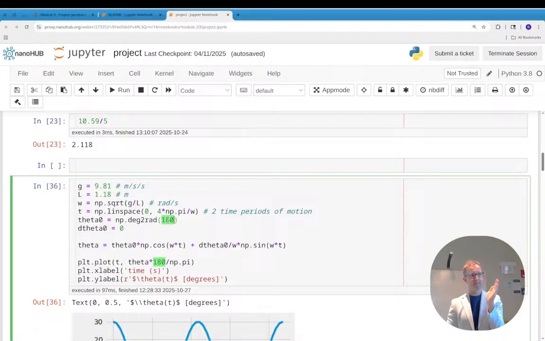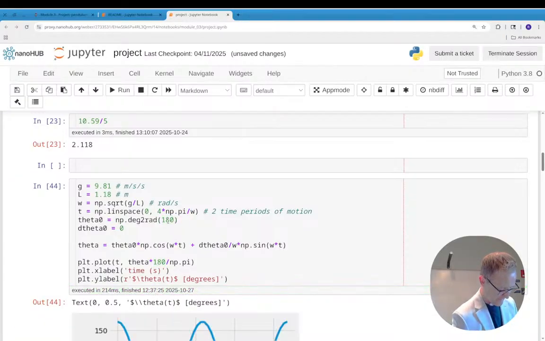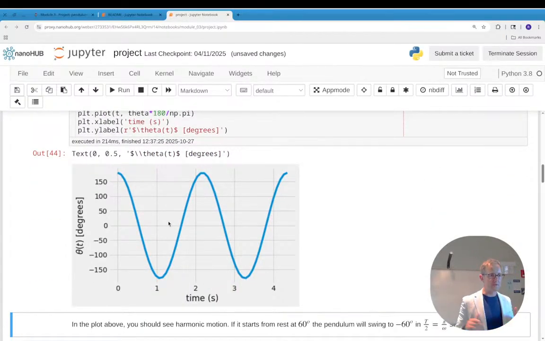Will it move? Well, according to linear, I'm just saying theta is, acceleration's always proportional to theta. It's just going to move faster because we have 180 degrees, a big swing.